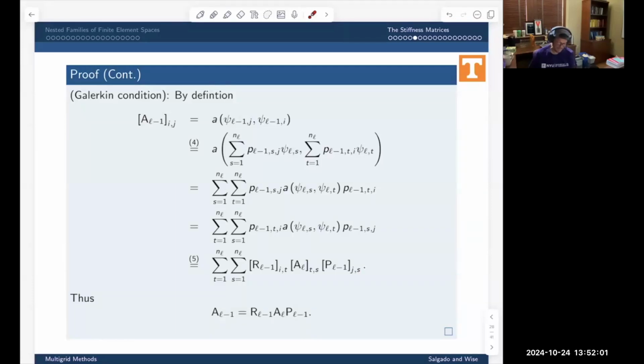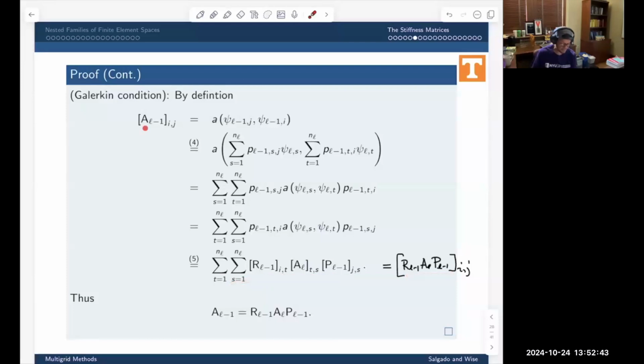Now we lastly notice that what these matrices are here are just the restriction matrix, the fine level stiffness matrix, and the prolongation matrix. And so for AL minus 1, we've shown that this, by the way, I guess the one final step could be in order, could say RL minus 1 AL PL minus 1, IJ. So that's just the IJ entry of this matrix. Okay, so this whole thing is just the IJ entry of that matrix.